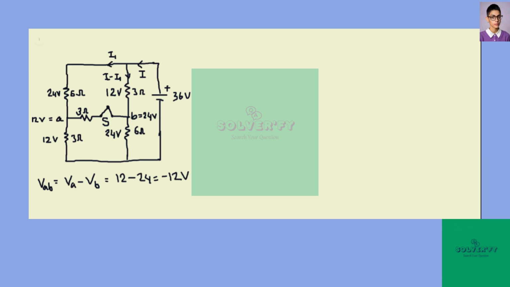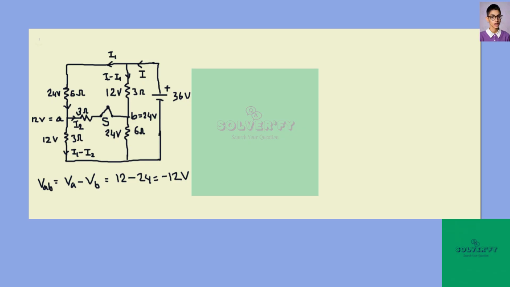Now as I1 comes here, let us consider that I1 also gets divided again into two, that is I2 flows across the 3 ohm resistor and the switch, and in this way there is I1 minus I2, of course, right?